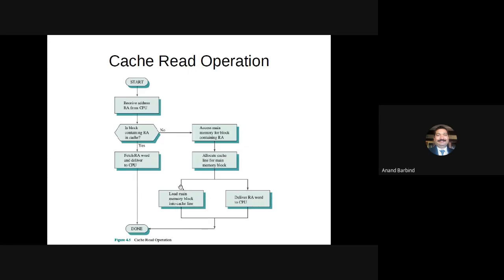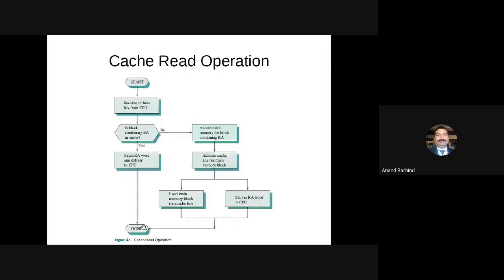The new block will be loaded in the cache, and simultaneously the word to be read from that block will be read by the CPU, and then the CPU is done with that operation. That means when some word is not found in the cache, then the whole block is transferred from the main memory to the cache.